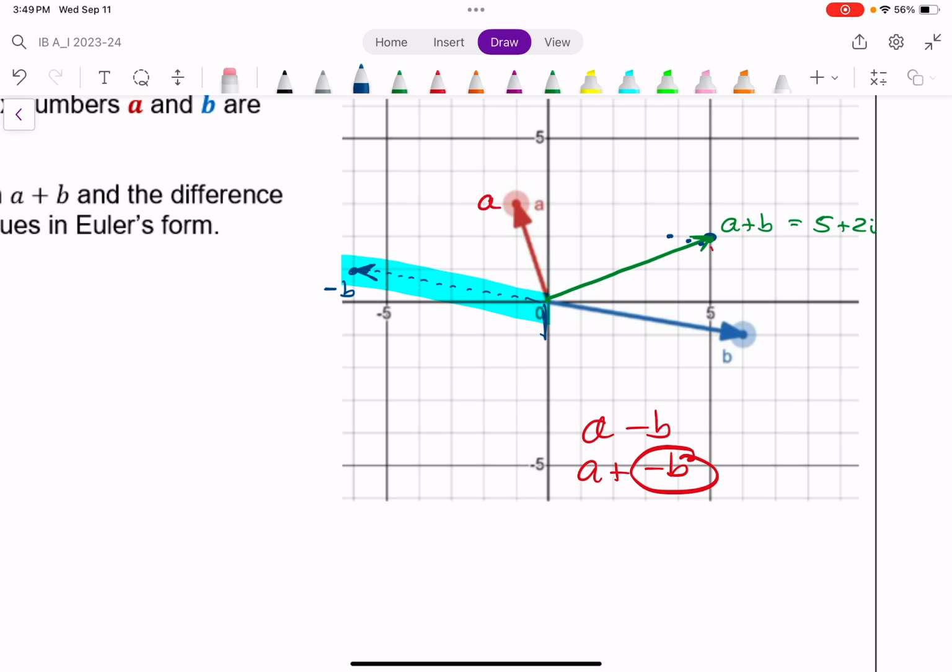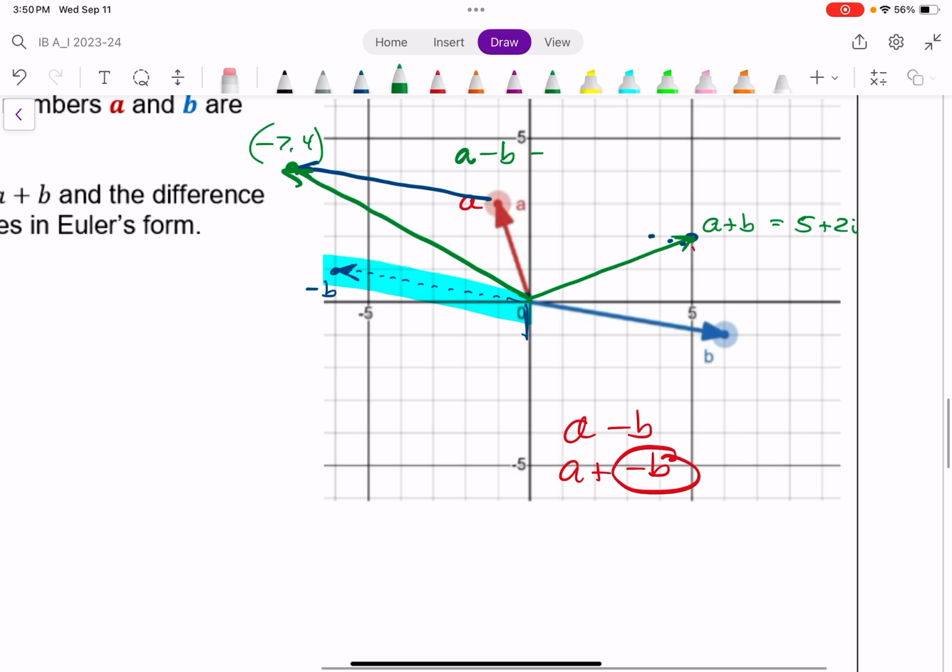And if I imagine going up 1 and 6 to the left, I go just a little bit off my page here. But I can tell this point here will be at negative 7 comma 4. Which means the vector I know is minus 7 plus 4i. So I know A minus B equals minus 7 plus 4i.